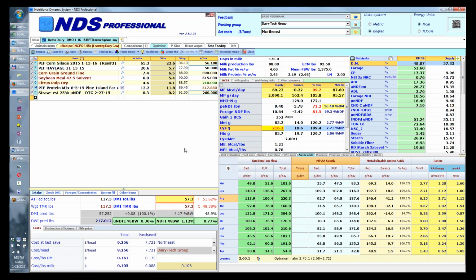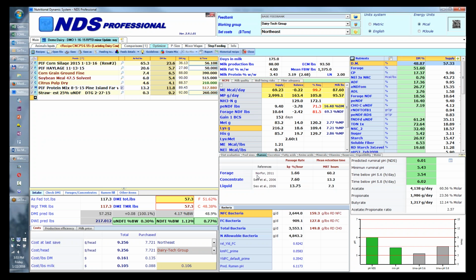The other one, the one that we looked at before, with the change in the forage passage rate, the application of this NOR4 passage equation, which is only being applied to the forage, everything else is staying the same. That's the bigger one. That's going to change the digestibility of forage.